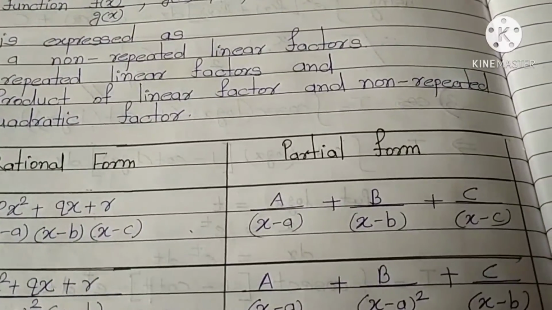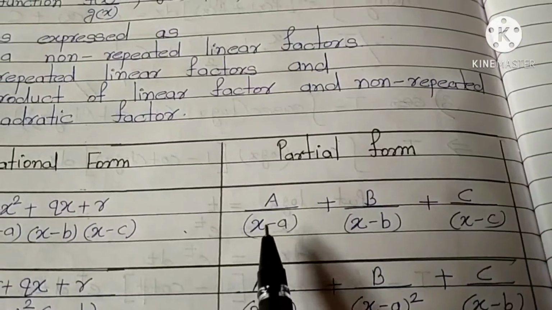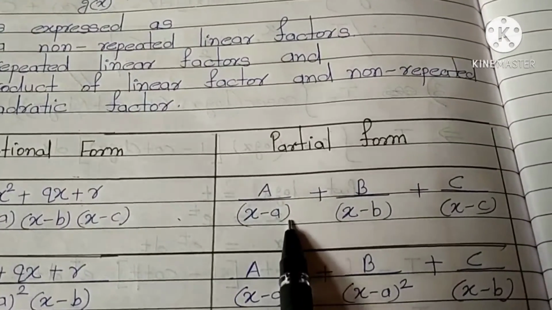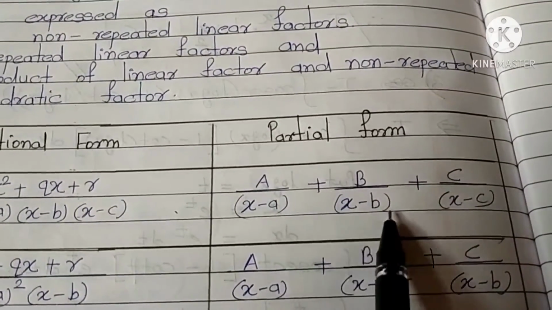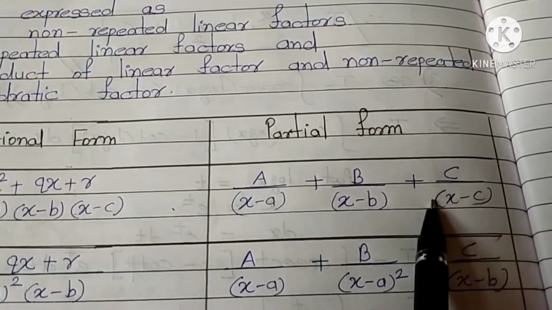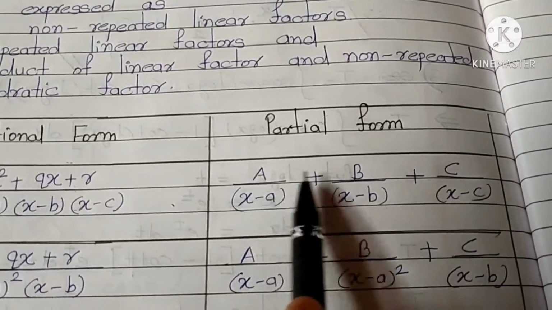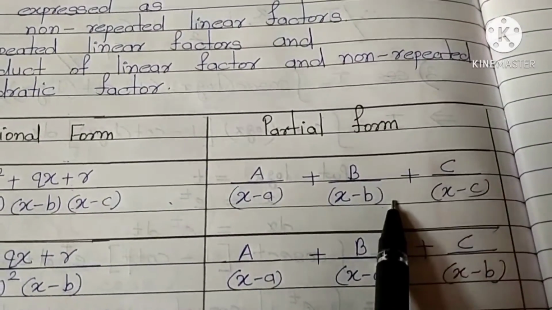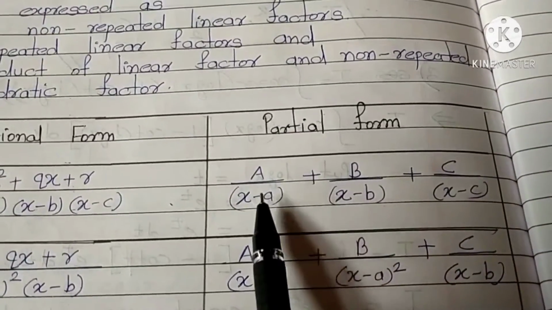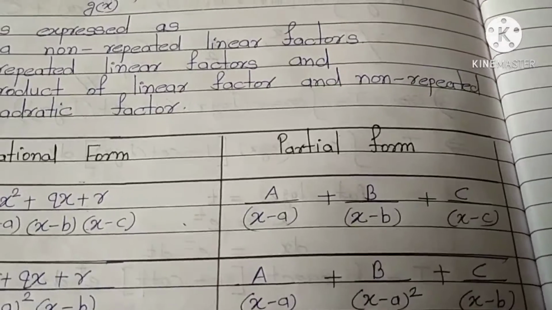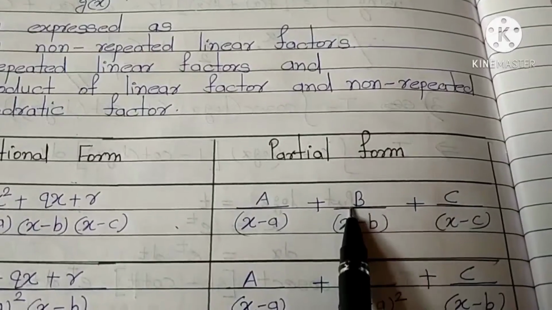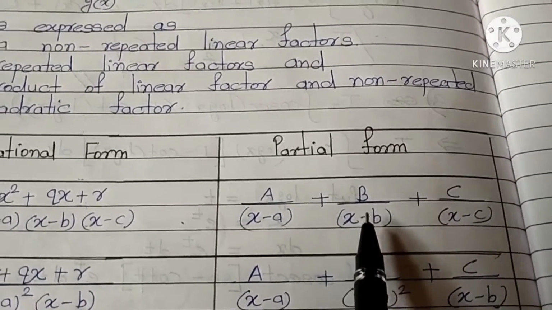This will be expressed in partial form like that: a upon x minus a plus b upon x minus b plus c upon x minus c, where a, b, c are three unknowns that we have to find. After finding these three unknowns, we get our required solution.